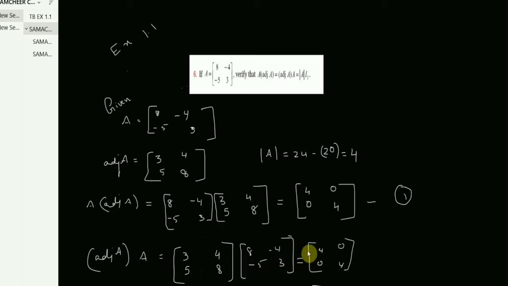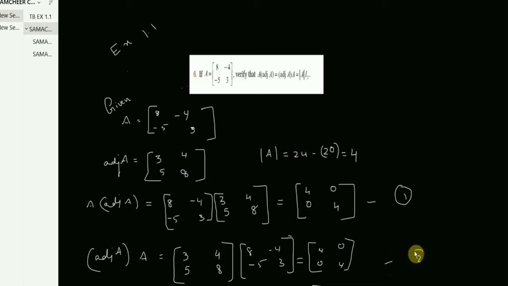Just multiply once again using the multiplication method. So 3 into 8 minus 20, that is 4, and minus 12 plus 12, 0, and 40 minus 40, 0, and minus 20 plus 24 is 4. So A into adjoint of A and adjoint of A into A both are equal, that we have proved now.